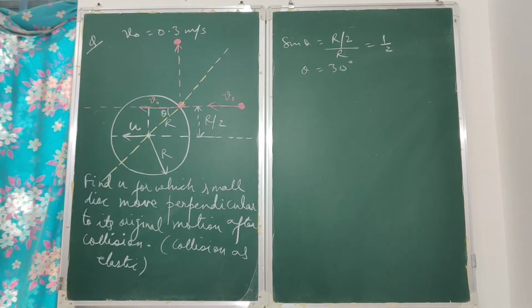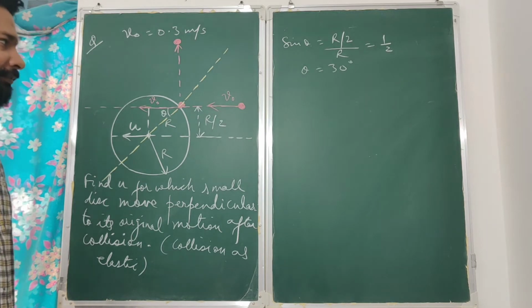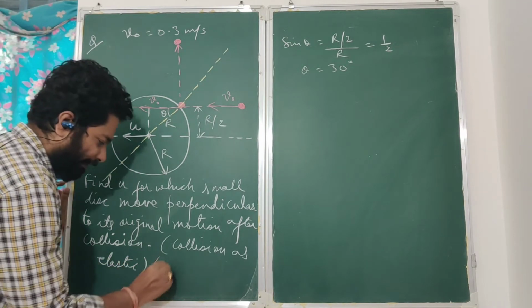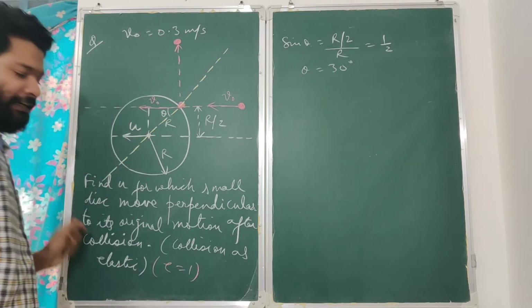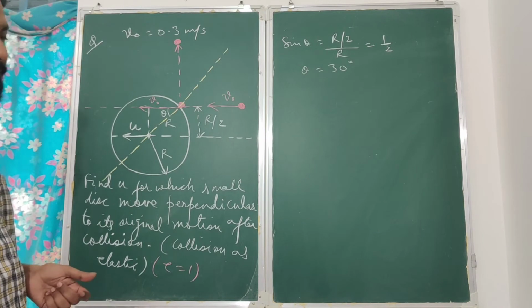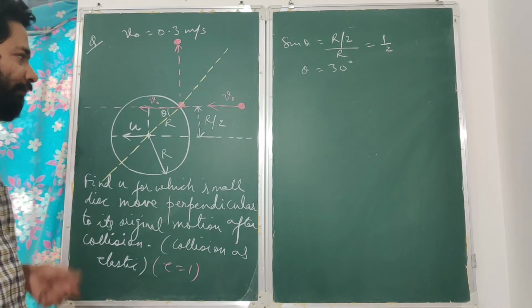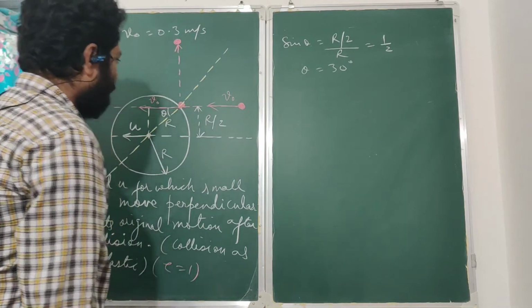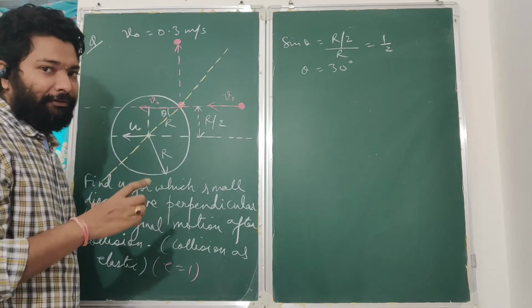Once you have determined the value of theta, next, this is elastic collision, so coefficient of restitution value is 1. That means relative velocity of separation is equal to relative velocity of approach. So what will be the relative velocity of separation and what will be the relative velocity of approach?